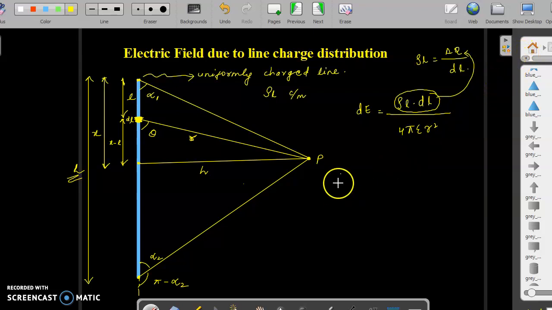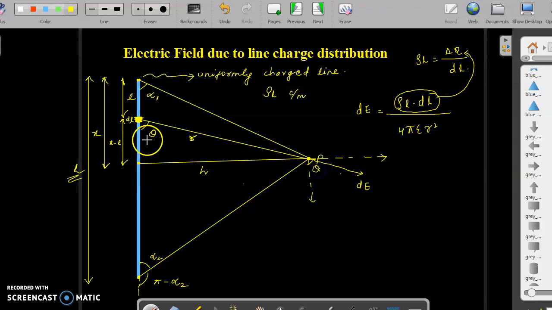Now electric field intensity is a vector at this point P. If you resolve this vector, delta E acting this way, we will get two components: one is the x-axis component and the other is the y-axis component. This is the angle theta.